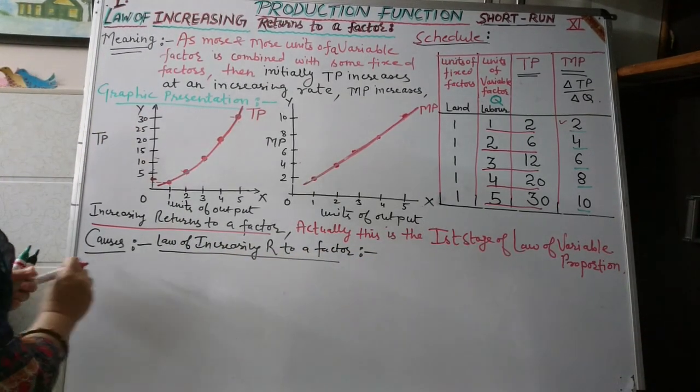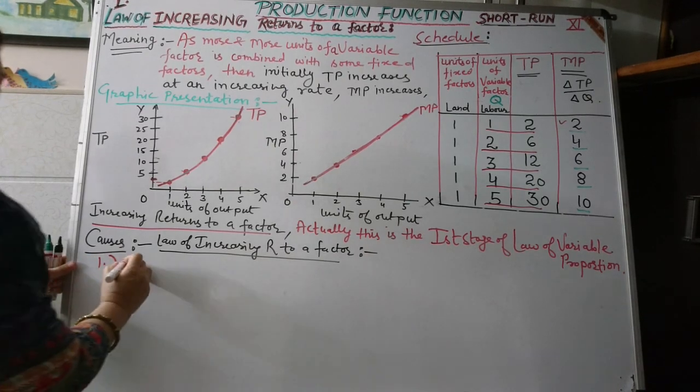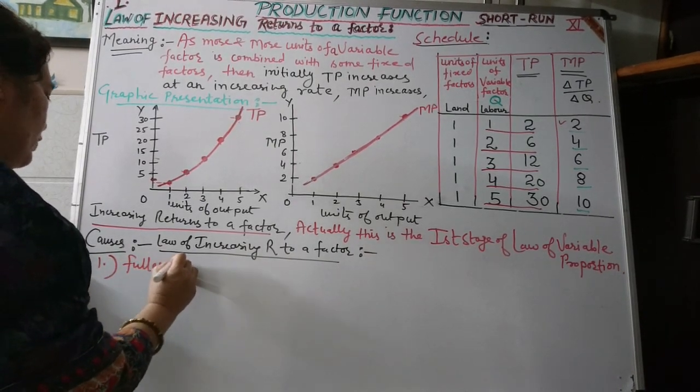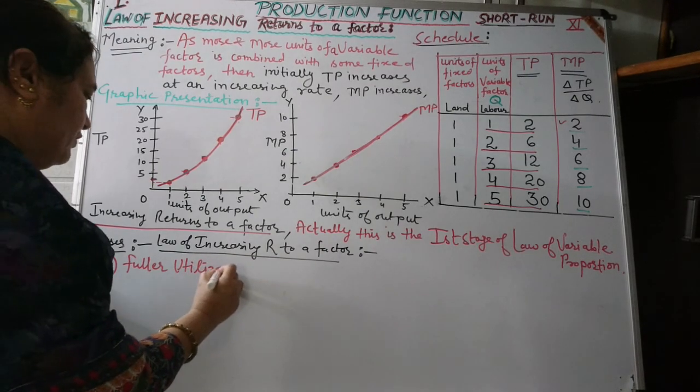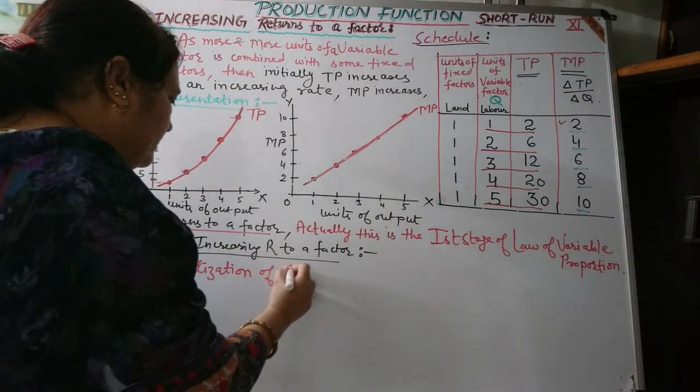Number 1, the first cause is fuller utilization of fixed factors.